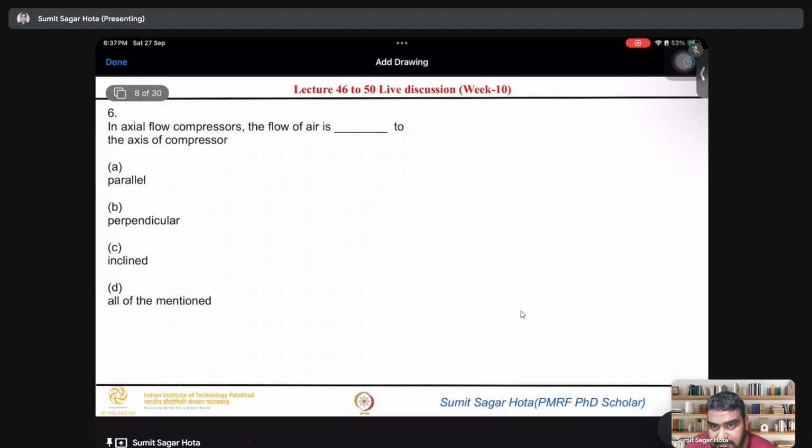In axial flow compressor, the flow of air is dash to axial compressor. Because the name suggests everything, axial means it's parallel. So in axial flow compressor, the flow of air is parallel to the axis.